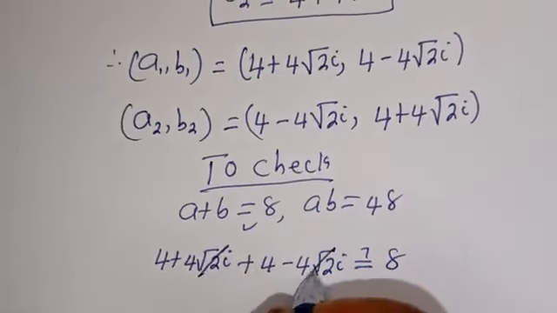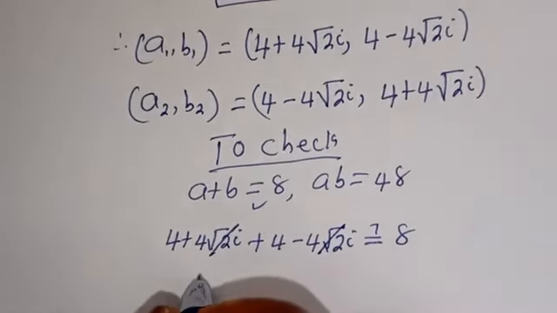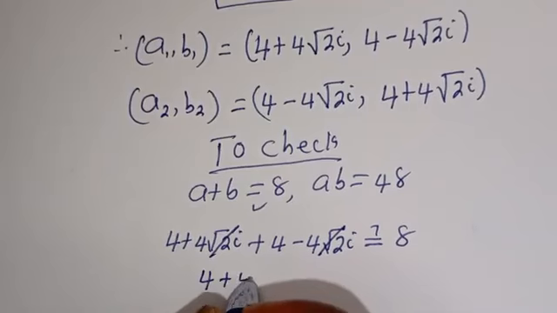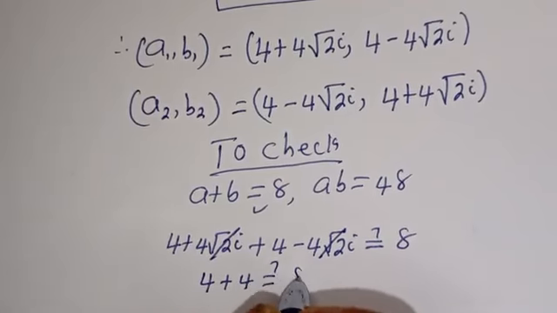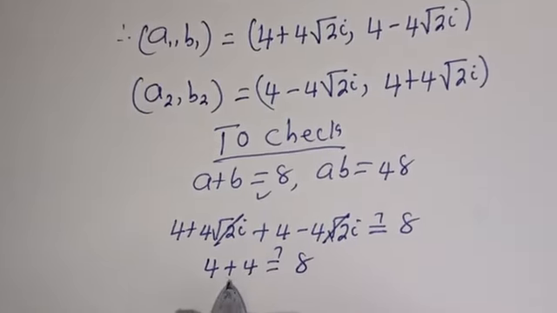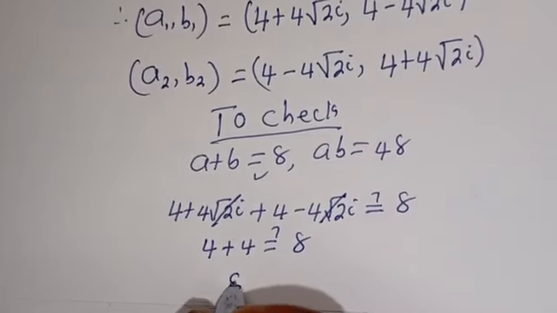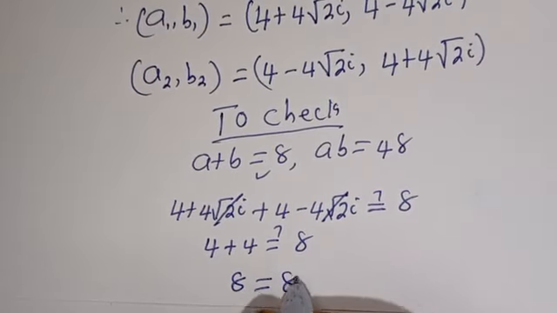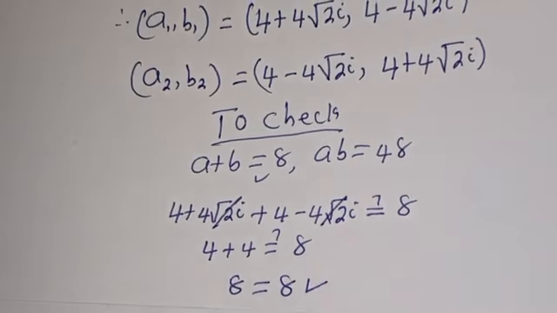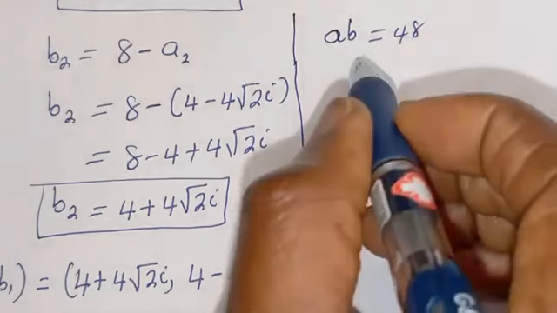Then this will cancel this. We have 4 plus 4 must be equal to 8. And of course, 4 plus 4, this is 8, is equal to 8, which is true. Let's consider the product now.